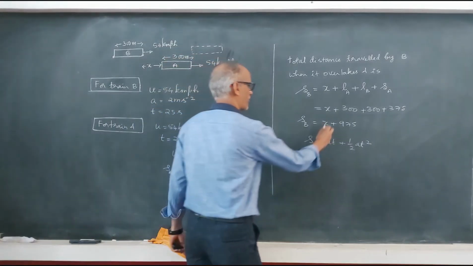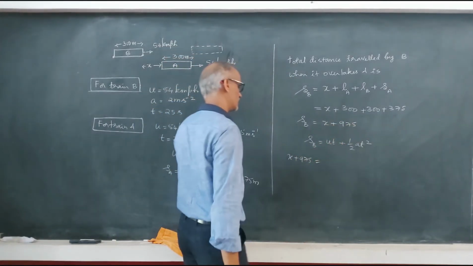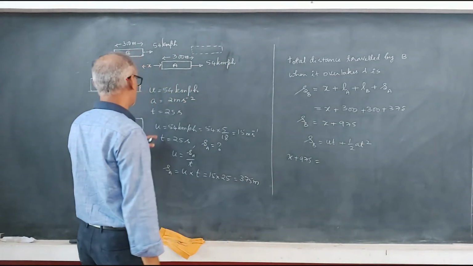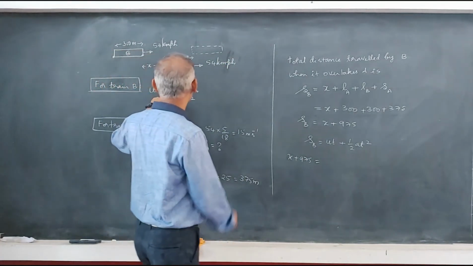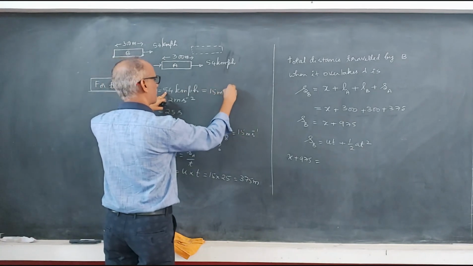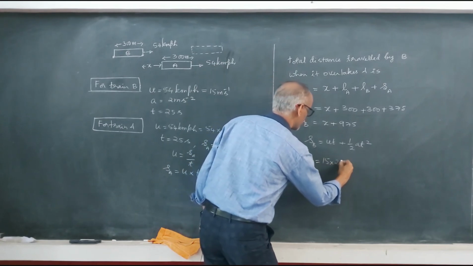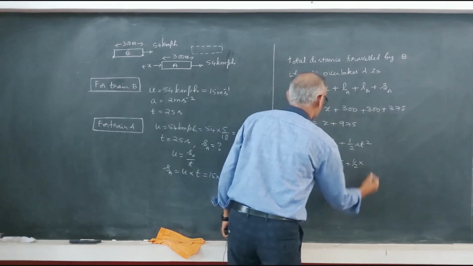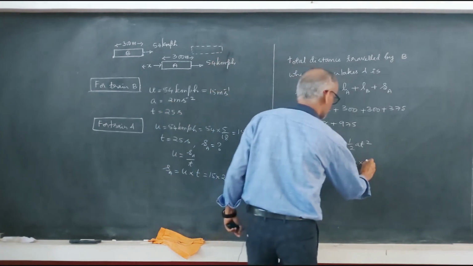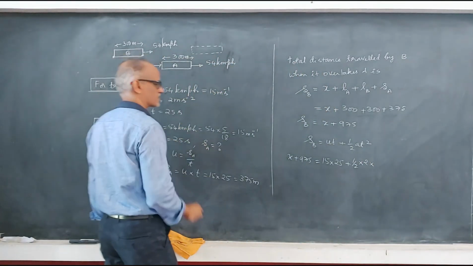So what is SB? X plus 975, that's equal to, what is the initial velocity of B, which is 54 kilometer per hour, and we know that's equal to 15 meter per second. It's 15 into 25 plus half, acceleration of B is 2, into T is 25, square of it.